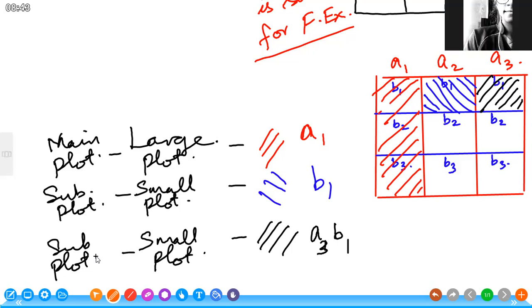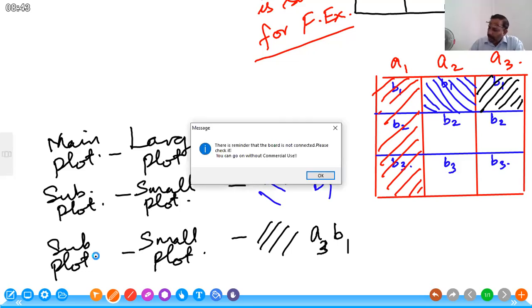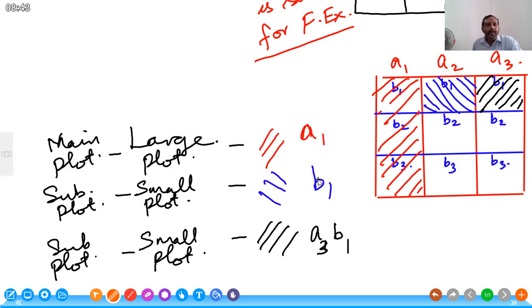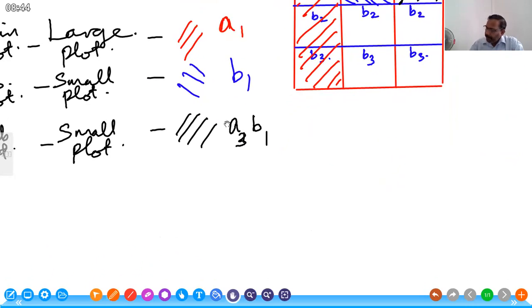Two plot sizes. One is a large plot, the other one is called split plot. Only two plot sizes are there. So A is placed in main plot, B is placed in subplot. So this is the concept of split plot. We will come to this a little later.